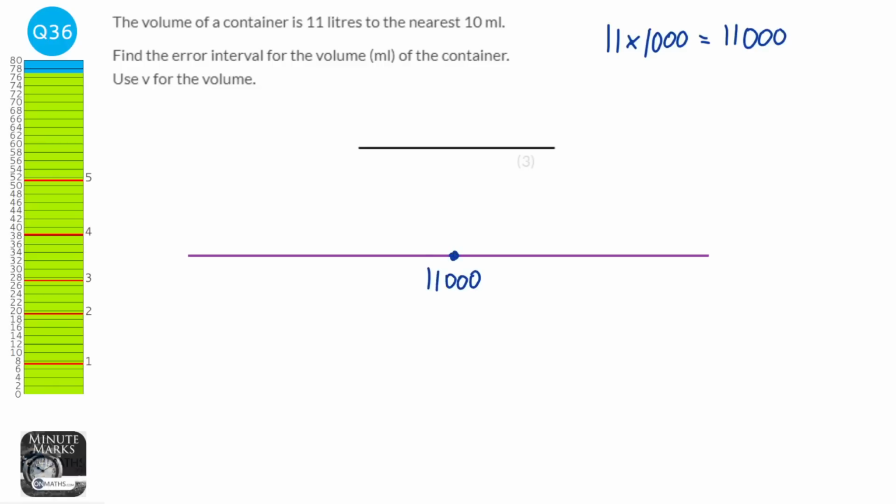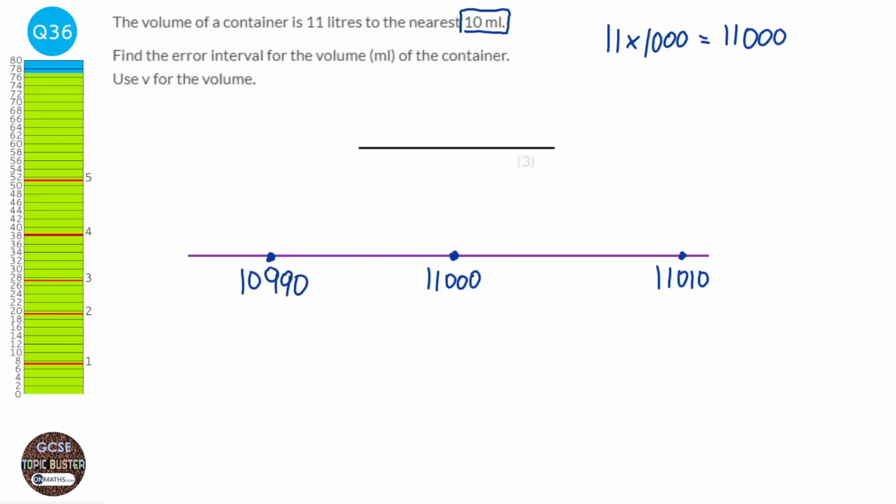Now, what would be the next one down if we're looking at to the nearest 10 mil? So we're going to add a 10 mil on, which will be 11,010. And we're going to take the 10 mil away. So 11,000 take away 10 mil will be 990.